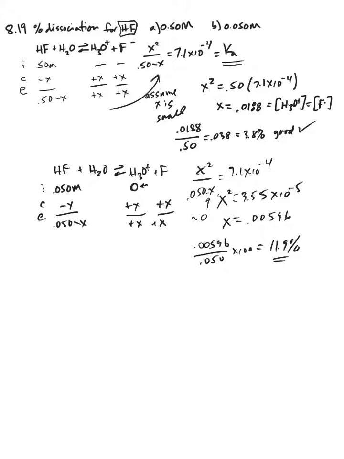That means we need to do successive approximations. Just to remind you, what you need to do is take the value you just solved for, the x, and actually place it in the equilibrium expression and see what we get. So I'm going to do x squared over 0.050 minus the first x, and do a calculation to see what the new x is.